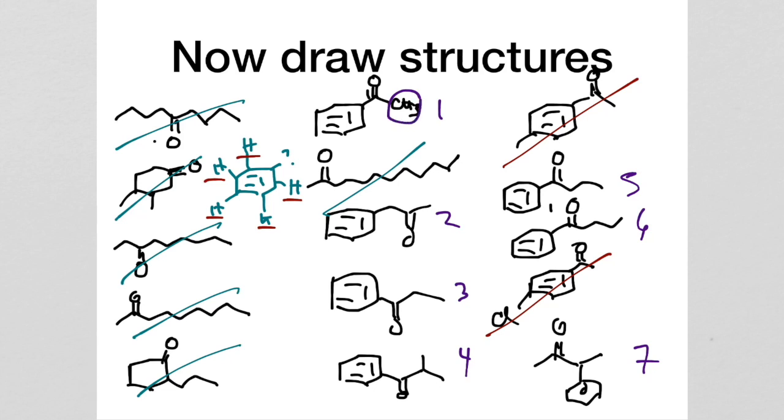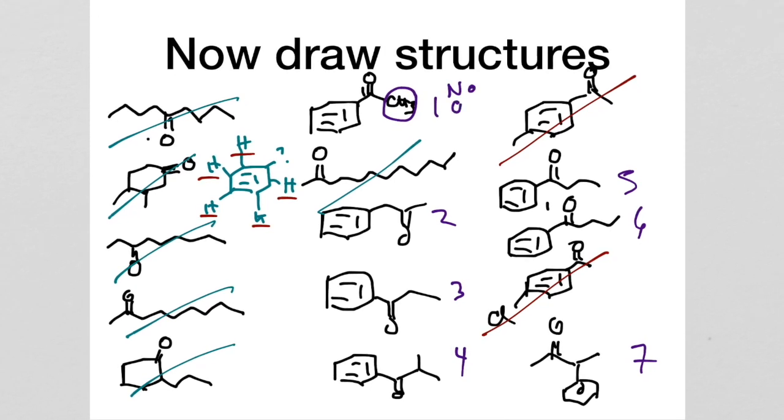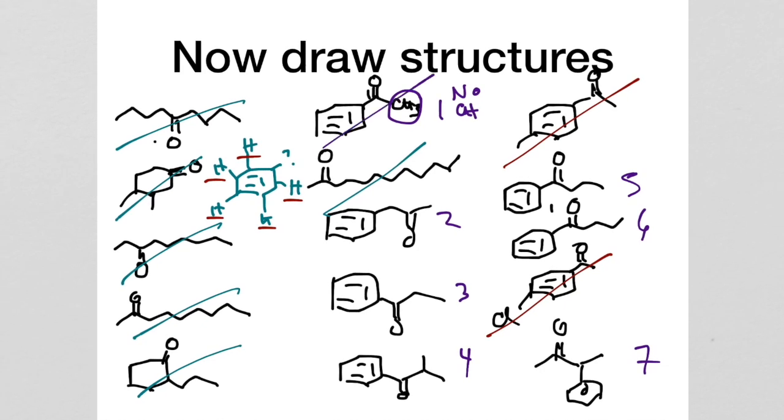For example, this molecule only has a CH3, no CH2, so I can get rid of that. This molecule has a CH2 and a CH3, so it can stay. This molecule has a CH2 and a CH3, so it can stay. This molecule has a CH group, a methine, and 2 CH3s. Well, this would give us a 1 hydrogen peak and a 6 hydrogen peak.